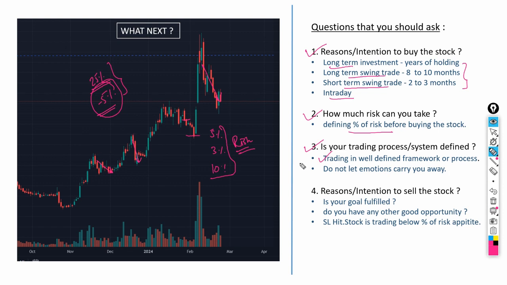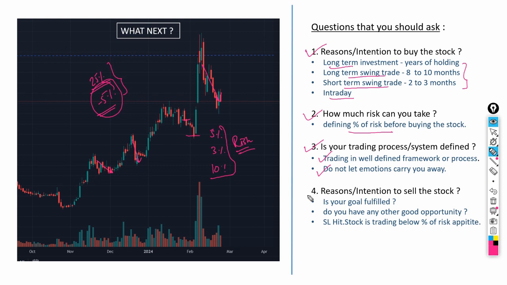This is very important, and it takes some experience to develop; it is not easily achievable. You have to face the markets multiple times, see how emotions develop, and then proceed accordingly.